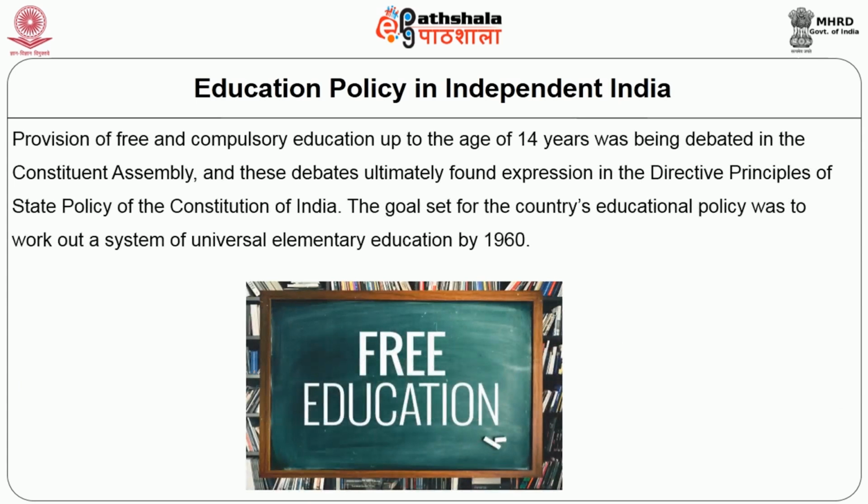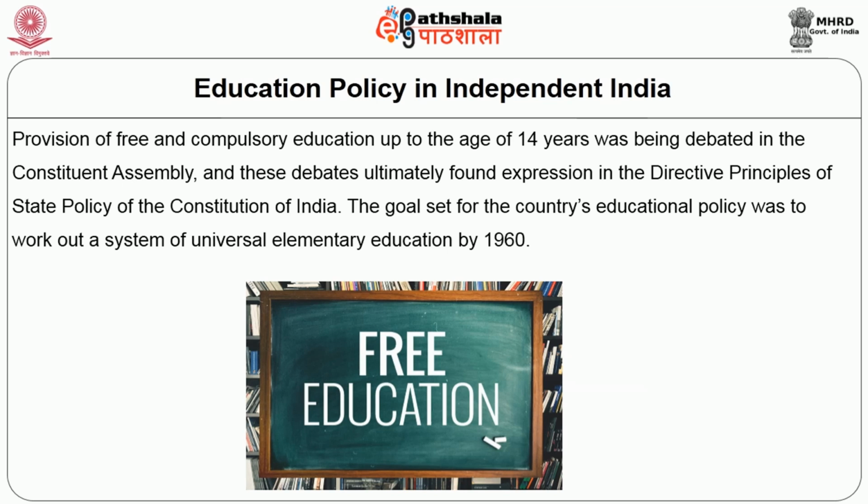Provision of free and compulsory education up to the age of 14 years was being debated in the Constituent Assembly, and these debates ultimately found expression in the directive principles of state policy of the Constitution of India.